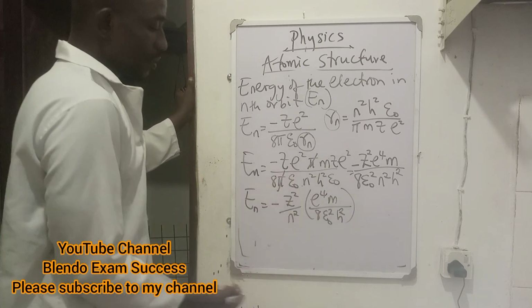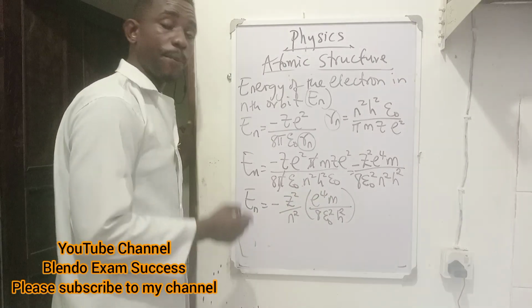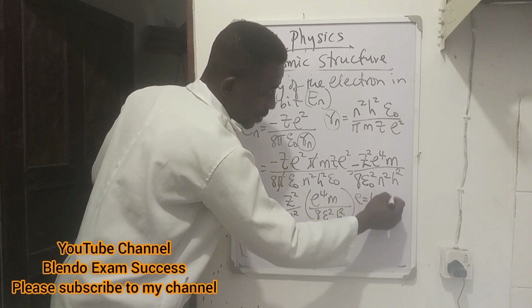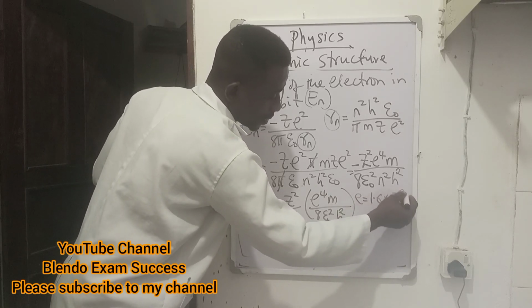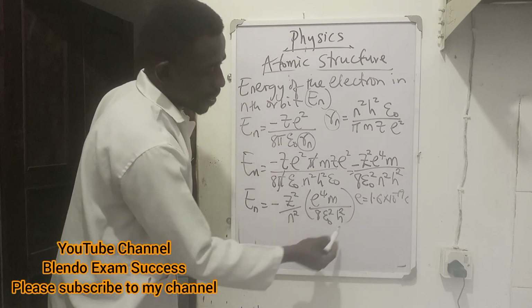So using the usual parameters, e is charge, which is 1.6 times 10 raised to the power minus 19 coulomb. Okay. Then m is mass.